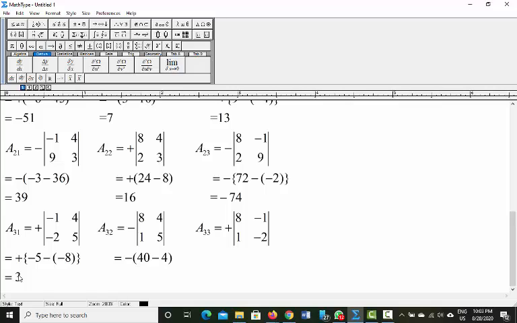Right. So we'll do minus 40 minus 4, that is 36, that means minus 36.